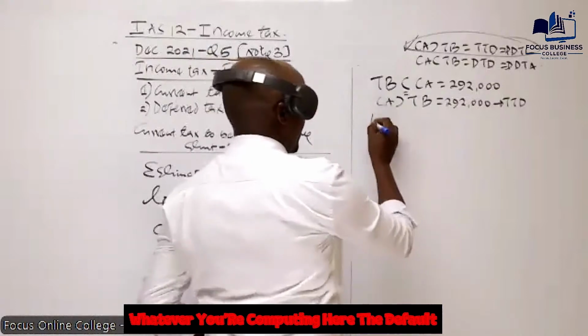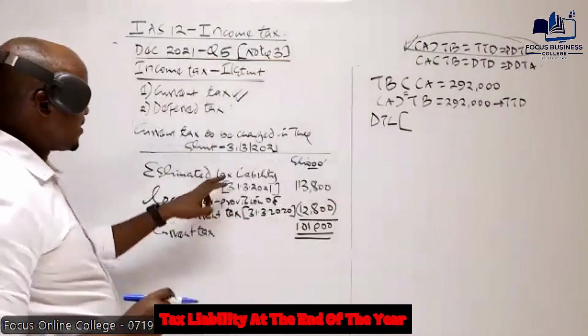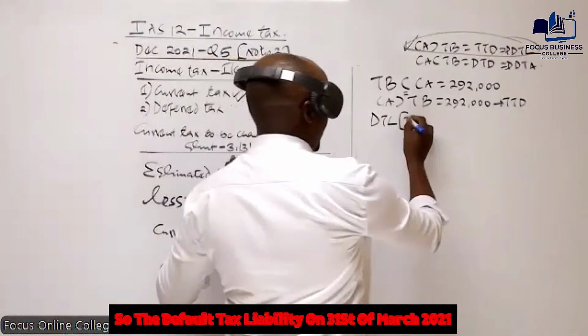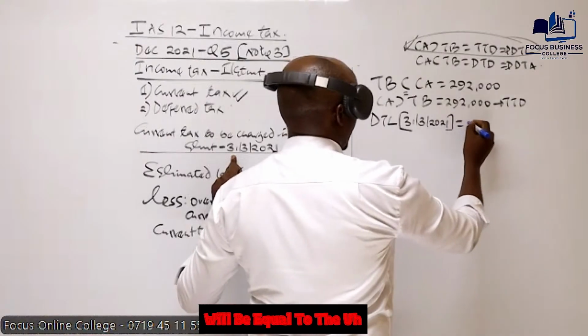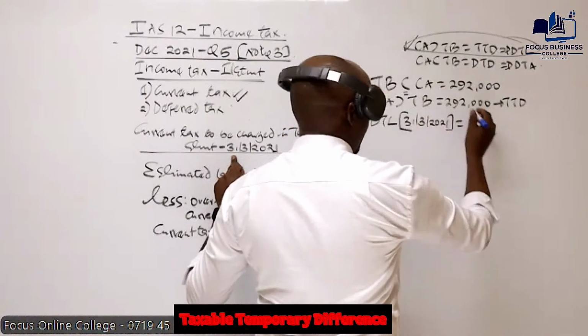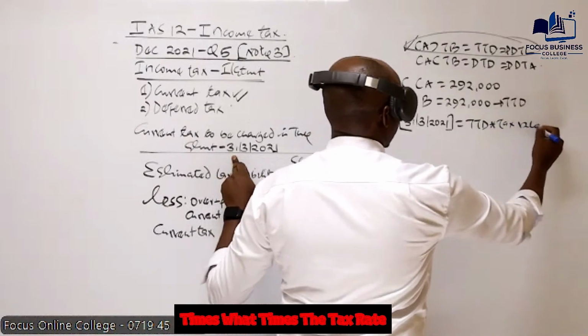And whatever you are computing here, just like the other question, will be the deferred tax liability at the end of the year. So the deferred tax liability on the 31st of March 2021 will be equal to the taxable temporary difference times the tax rate.